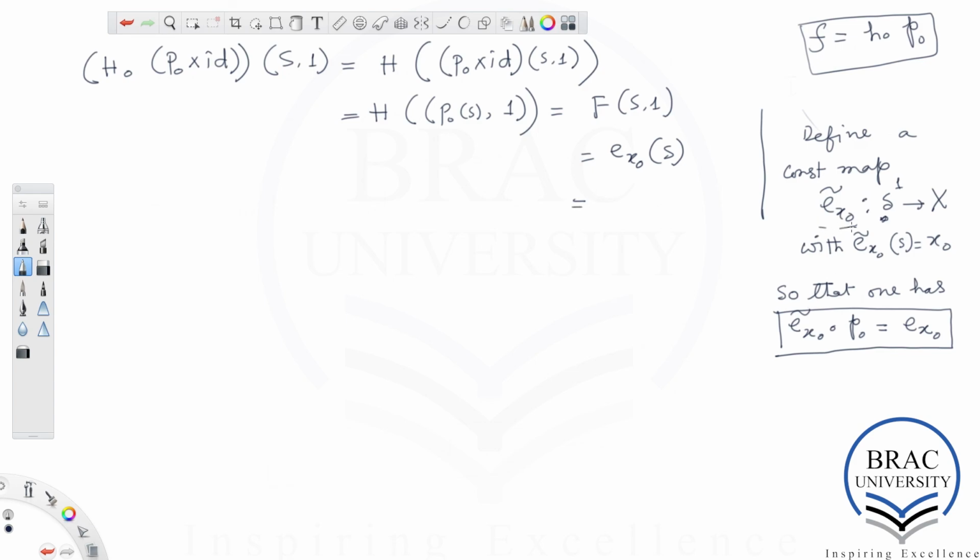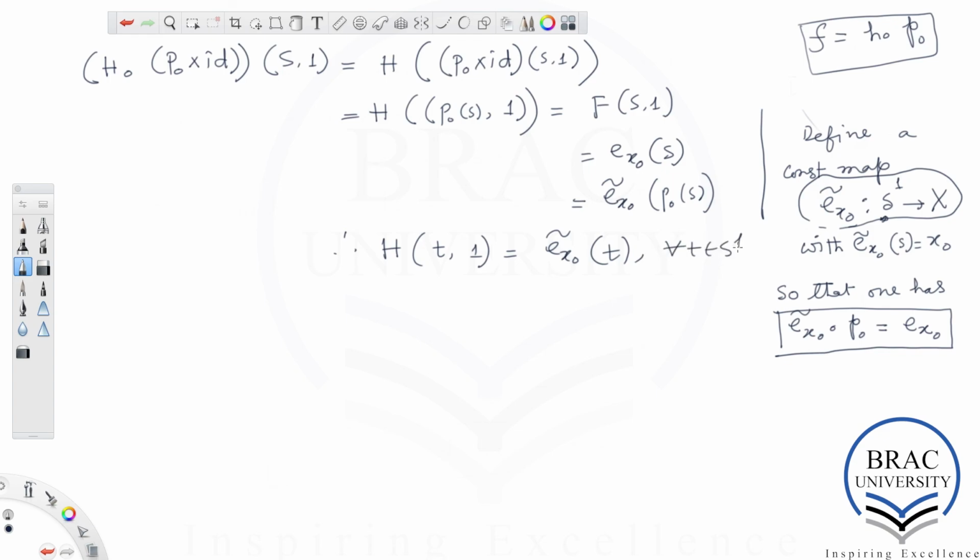And then using that constant map on X, one writes E tilde sub x0 of P0 of S, right? So that makes me write H of t comma 1 is equal to E tilde sub x0 of t for all t in S1.